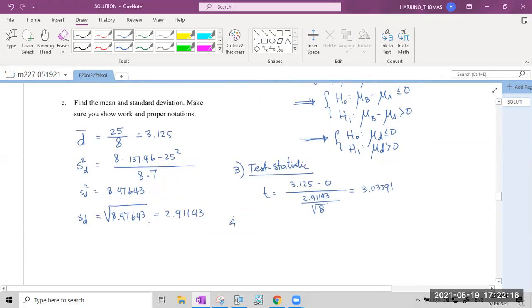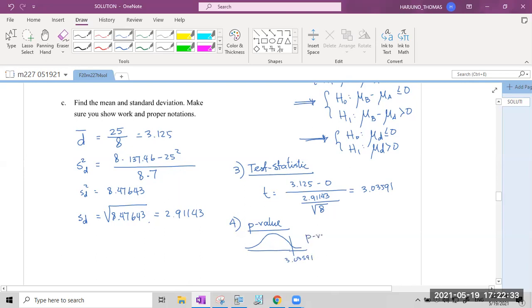Step 4, p value. That's T distribution. The test statistic is 3.03591.